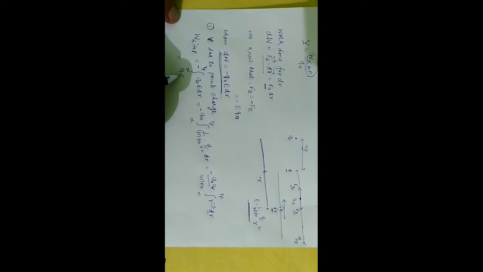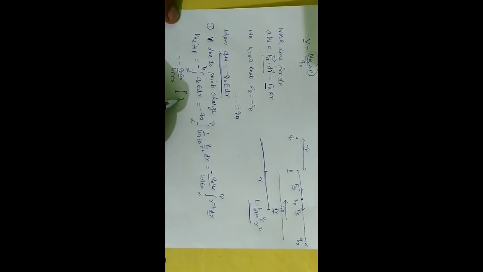So Q naught by 4 pi epsilon naught, negative sign, r raised to power minus 2 plus 1 divided by minus 2 plus 1, from infinity to Rp. So minus 2 plus 1 is minus 1, and this also minus 2 plus 1 is minus 1. Minus 1 I will take it outside, minus minus gets cancelled out.